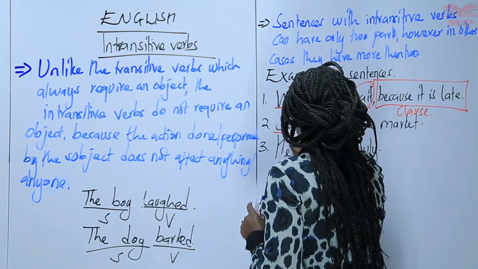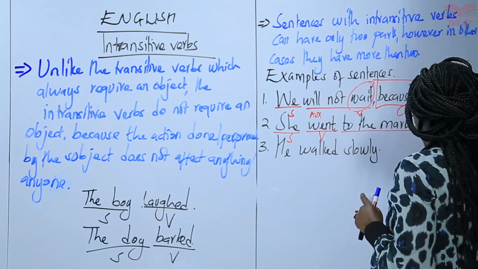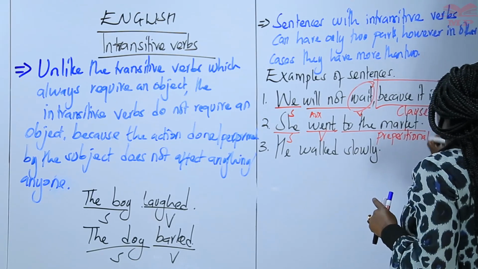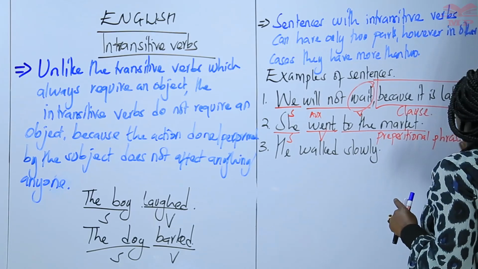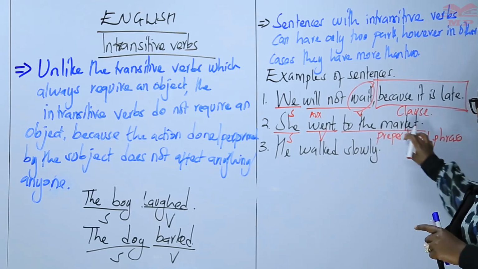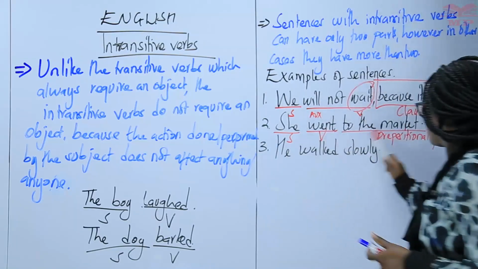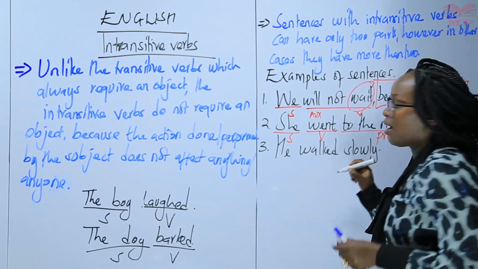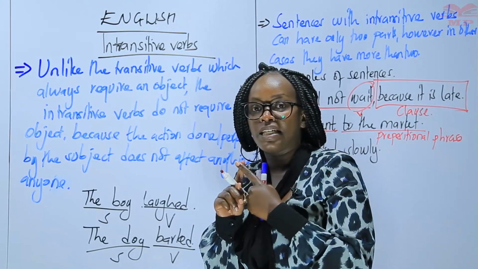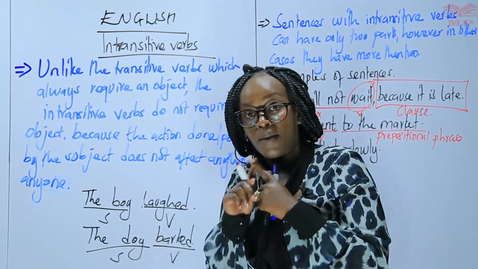And then we can go to the next sentence. She, of course, is the subject of our sentence. Went is a verb. And then to the market actually is a prepositional phrase. Most of the students always get confused, and most of them think that the market or to the market should be an object. We say to the market is a prepositional phrase because a prepositional phrase is always preceded by a preposition.